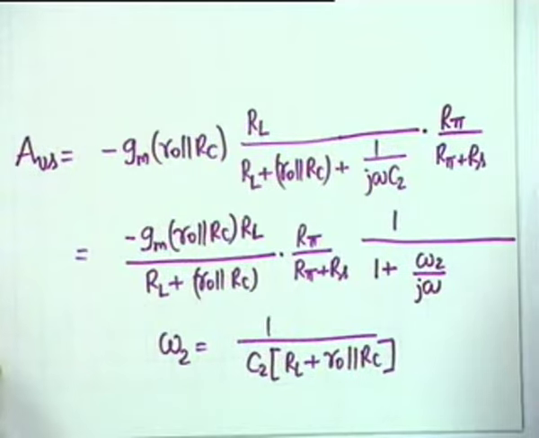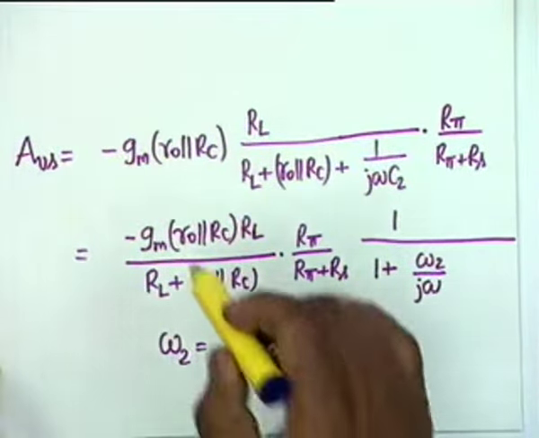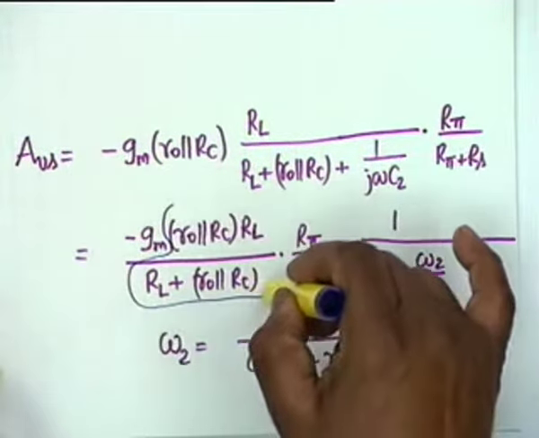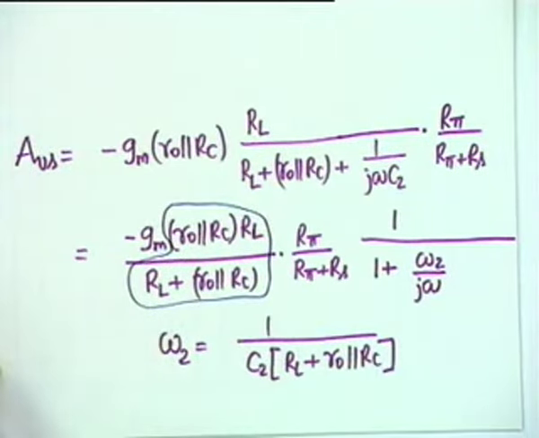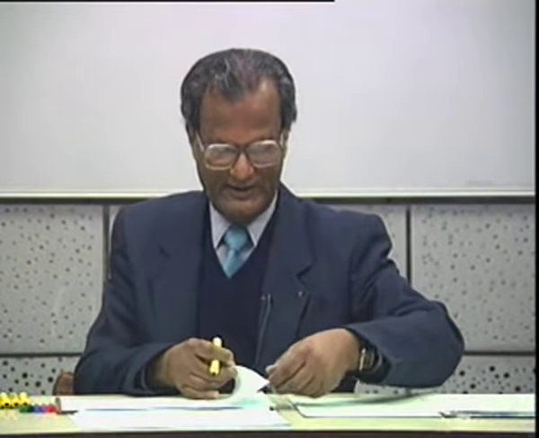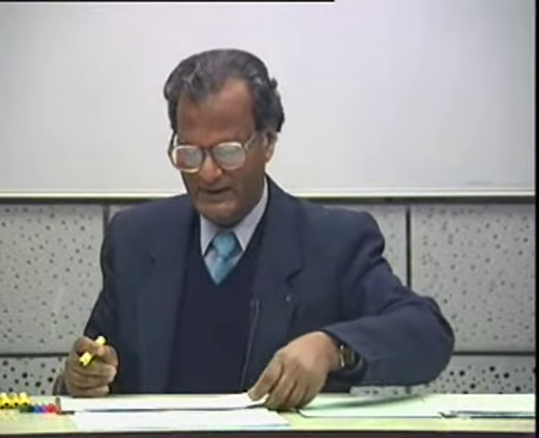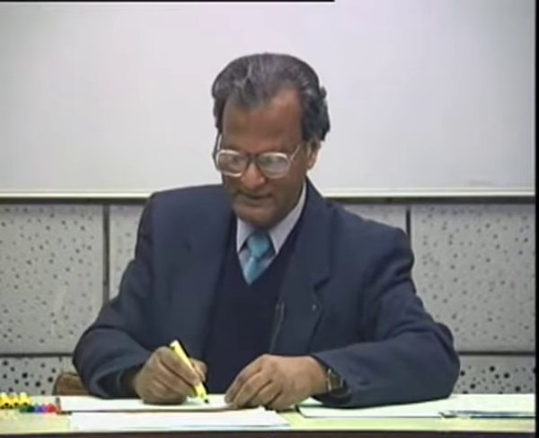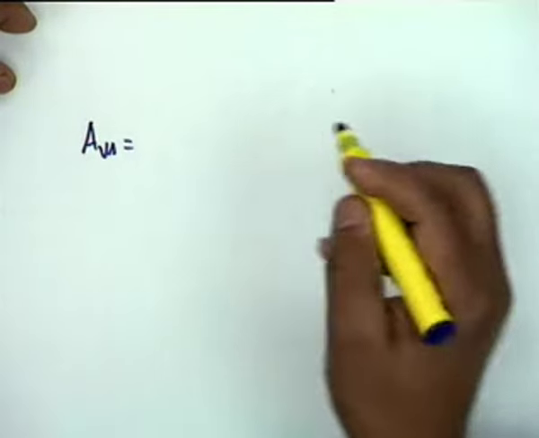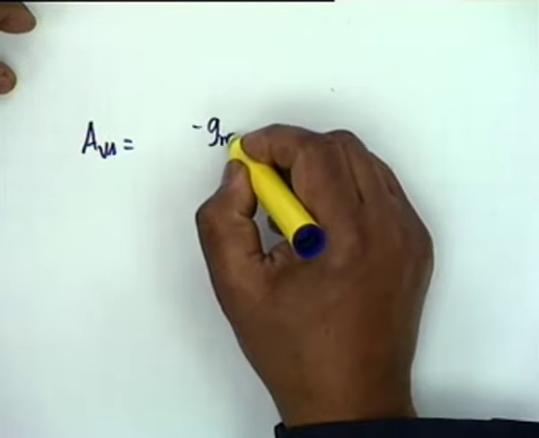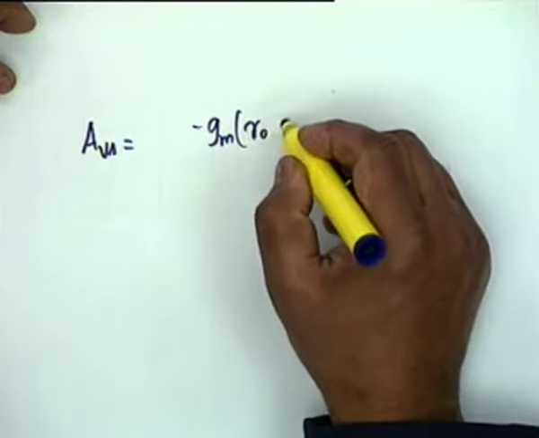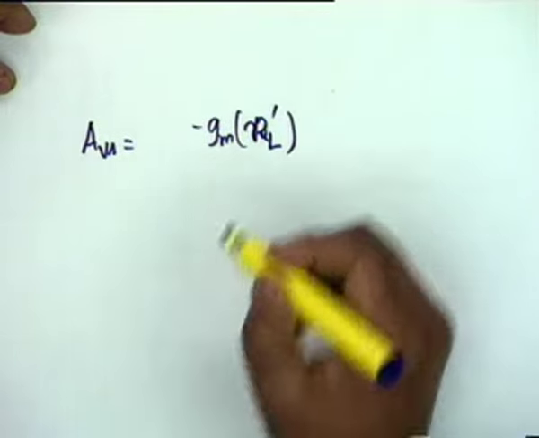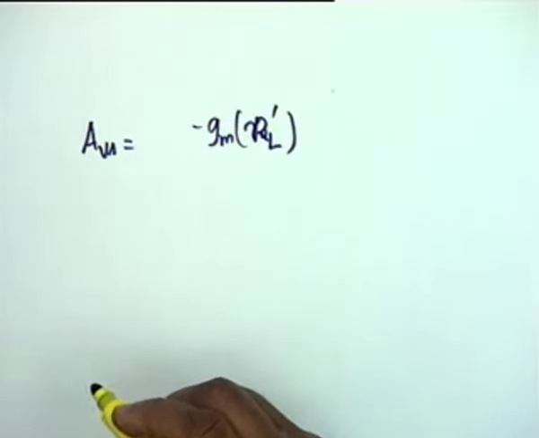And if you look at this expression carefully, what is this expression? R0 parallel RC parallel RL. That's correct. And therefore, I can write the low frequency gain, AVS, in this form. I can write minus Gm RL prime, wonderful. Is this point clear to everybody? Yes. Okay.